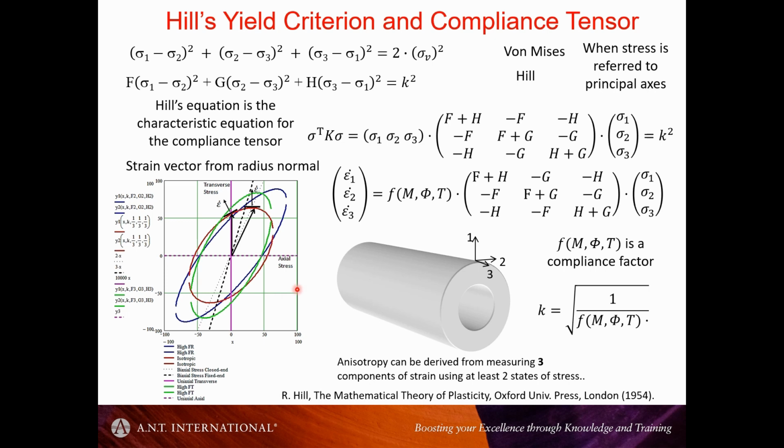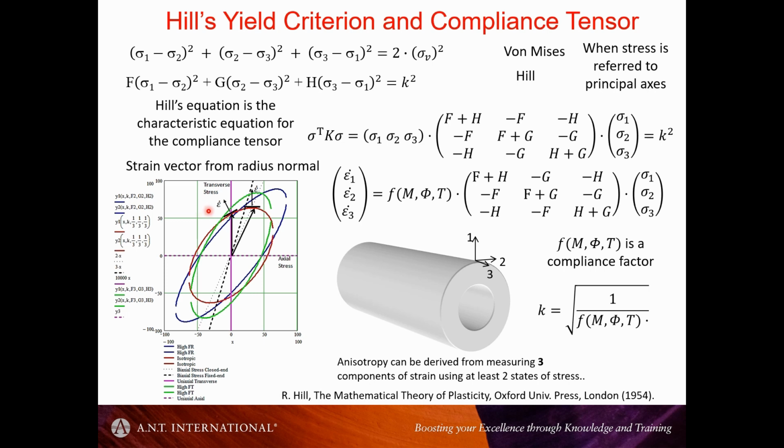This is a slice through, in this case, the plane normal to the radial direction of the tube. So we're talking about a plane stress condition, pressurized tube. We assume that the stress normal to the surface is negligible, 0, and then we only have to concern ourselves with the axial and transverse stress.